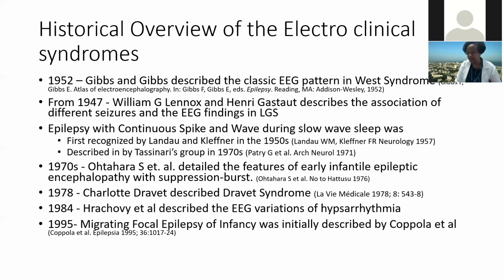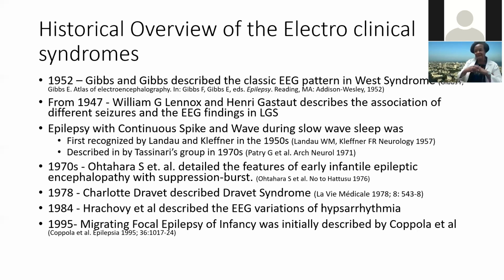We have the migrating focal epilepsy of infancy, initially described by Dr. Coppola and his group. And these are epilepsies, children who have focal seizures that start from the right or the left side alternating. And they have significant autonomic symptoms as part of the syndrome, okay?